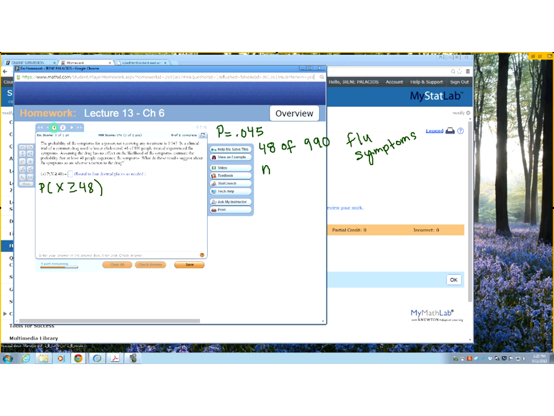That's what we're looking for. Okay, so I still have to identify an n. And here X has to be 48 or anything above 48. So 48 and above. So n would have to be the larger number, right? So we have 48 and 990, so n must be 990.